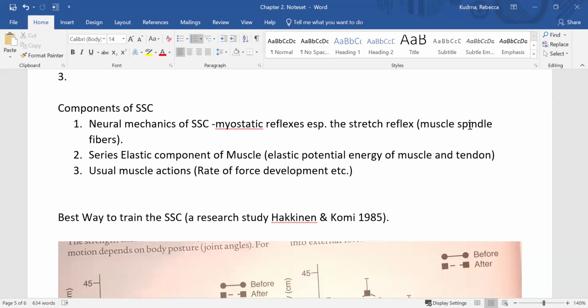Also, you have your usual muscle actions where your brain is sending signals to perform the motion. So we have the contraction being caused by the myotatic reflex, added to the neural impulses being sent from the brain. And so these 3 things are going to result in force development and rate of force development that might be higher than what it was if we did not do the stretch shortening cycle.